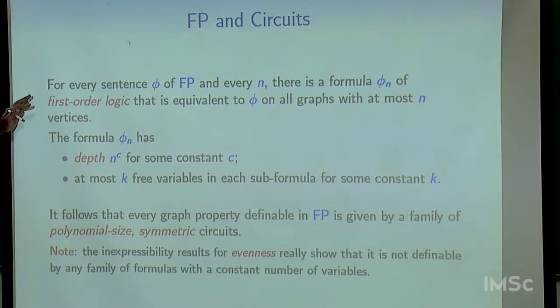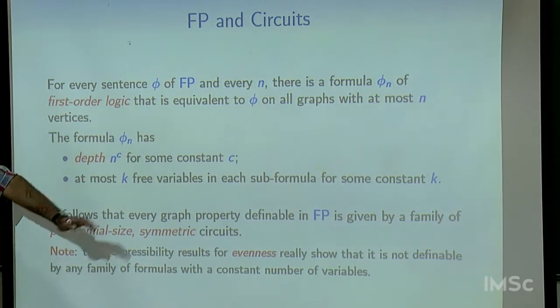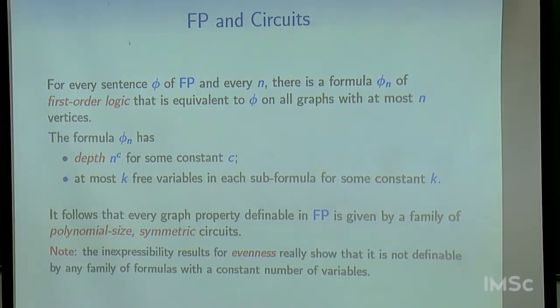So we can translate these formulas to symmetric circuits. Now, I told you before that I was going to show you that this can't be done by symmetric circuits. Of course, that doesn't follow from this, right? We only have the translation. In fact, even number of vertices is not definable in fixed point logic, but that's clearly given by a symmetric family of circuits.